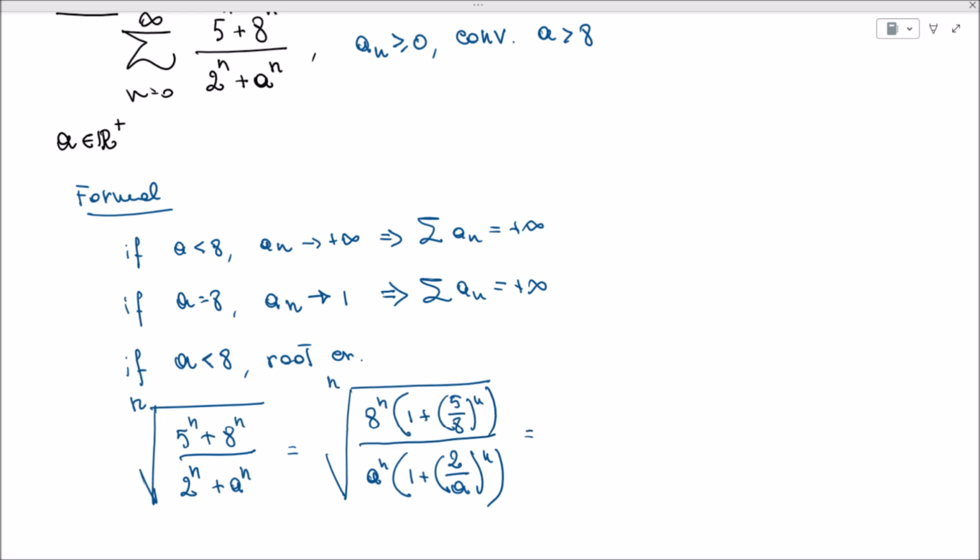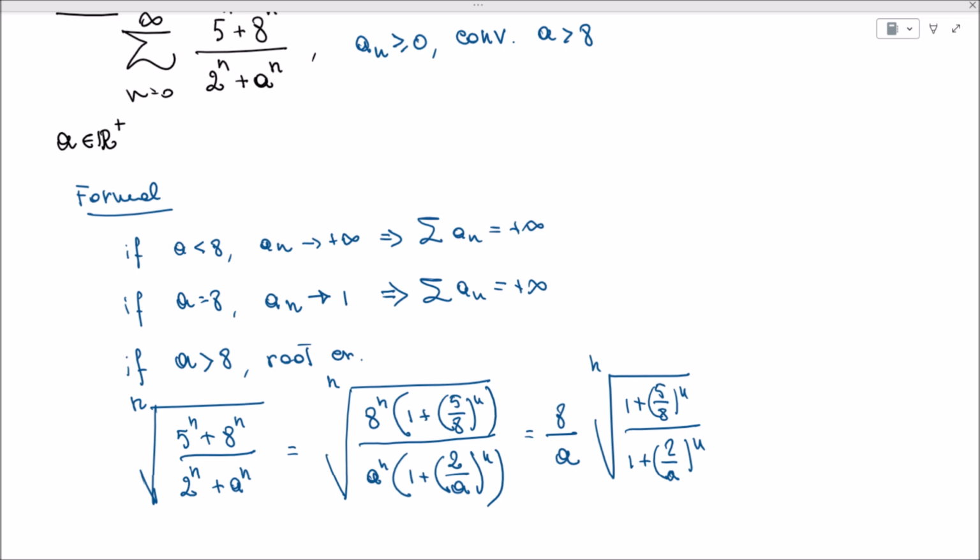So if we extract 8 over a from the nth root, we are left with 1 plus 5 over 8 to the n divided by 1 plus 2 divided by a to the n. And notice that because we are now in a situation, sorry, this was a larger than 8, I made a mistake.